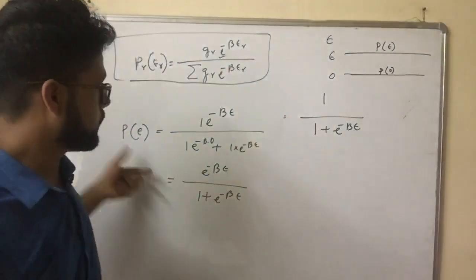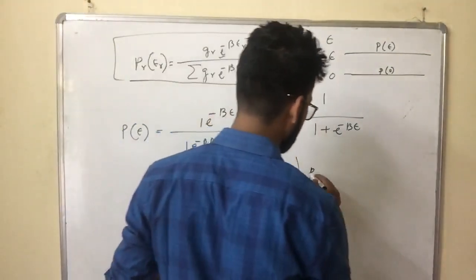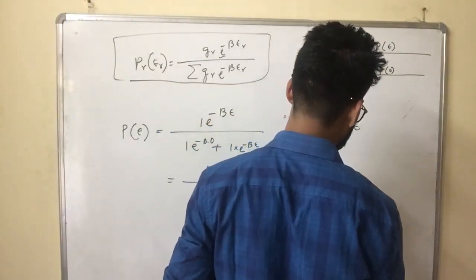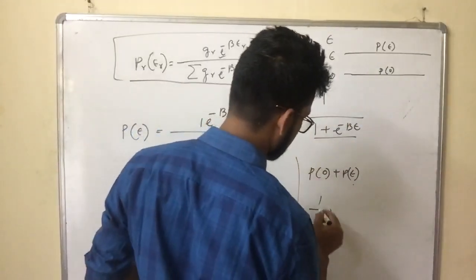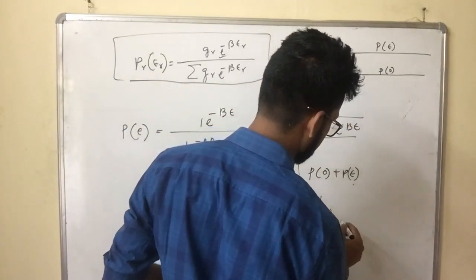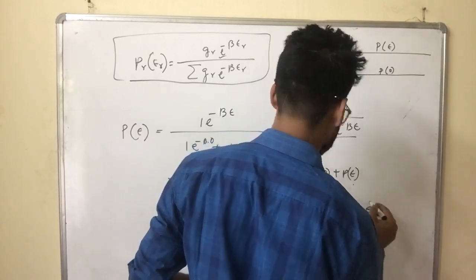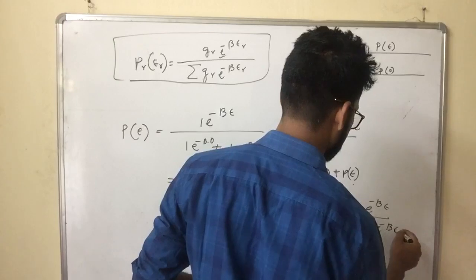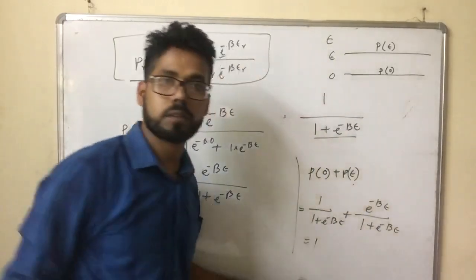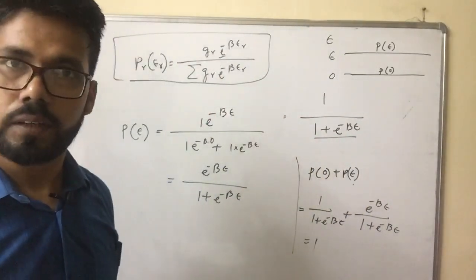If you add P0 plus PE, it is 1 by 1 plus e to the minus beta e, plus e to the minus beta e over 1 plus e to the minus beta e, equal to how much? Equal to 1. That means your answer is correct.